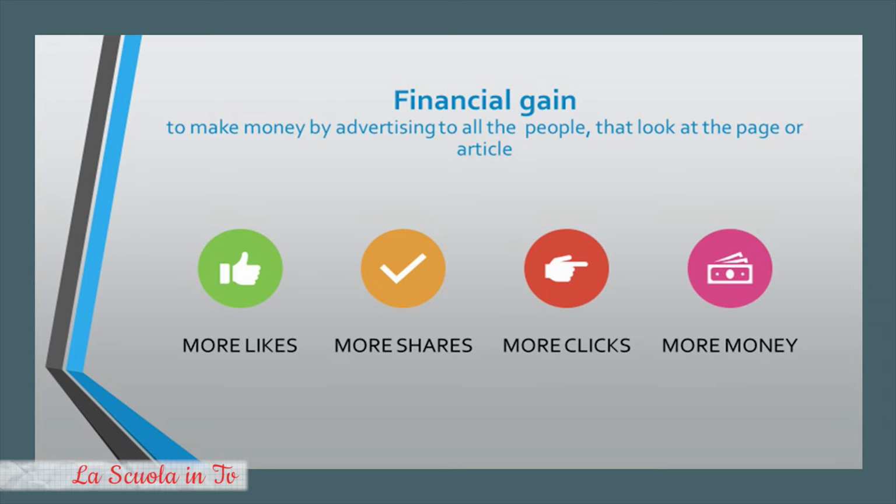So each time we click on one of these, the website creator receives money. The crazier the story, the greater the interest. The more clicks, the more money. And this slide helps you to understand better this simple but sometimes misleading mechanism.